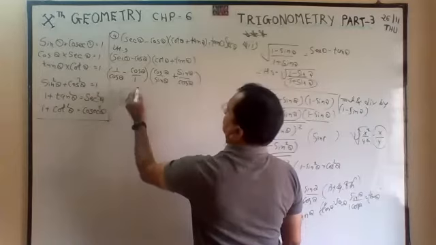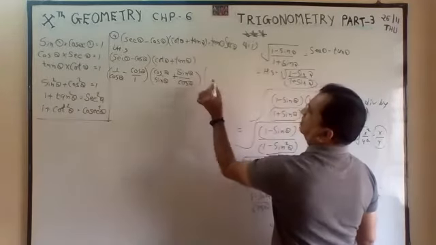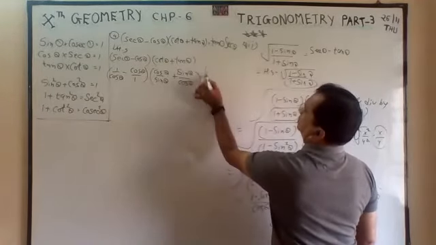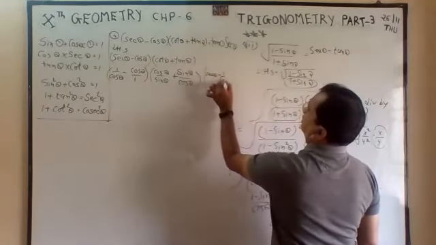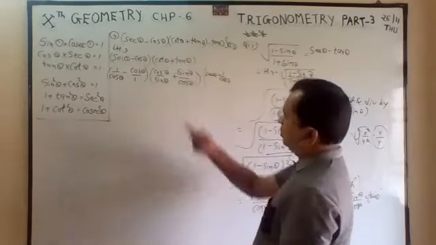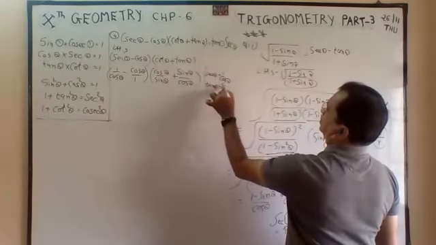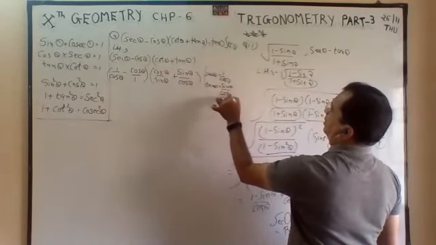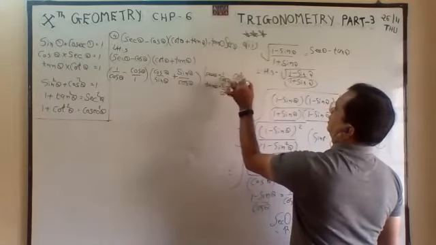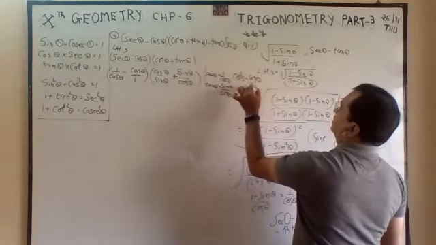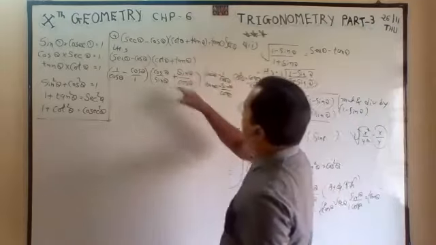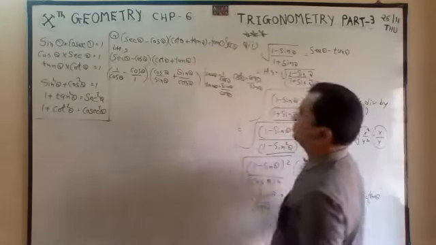Cross product. Here what have we inverted? Sec theta is equal to 1 by cos theta, we have written. And we have written tan theta is equal to sin theta divided by cos theta. We have written cot theta is equal to cos theta by sin theta. 1, 2 and 3 I have changed.